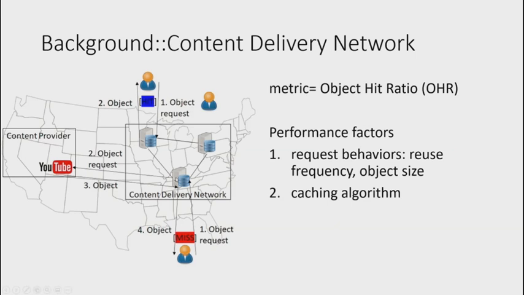In contrast, if the requested web object is not in a nearby cache server, the cache server forwards the request to the content provider, and the content provider returns the object back to the content delivery network, back to the cache server, and the cache server forwards the object to the end user.